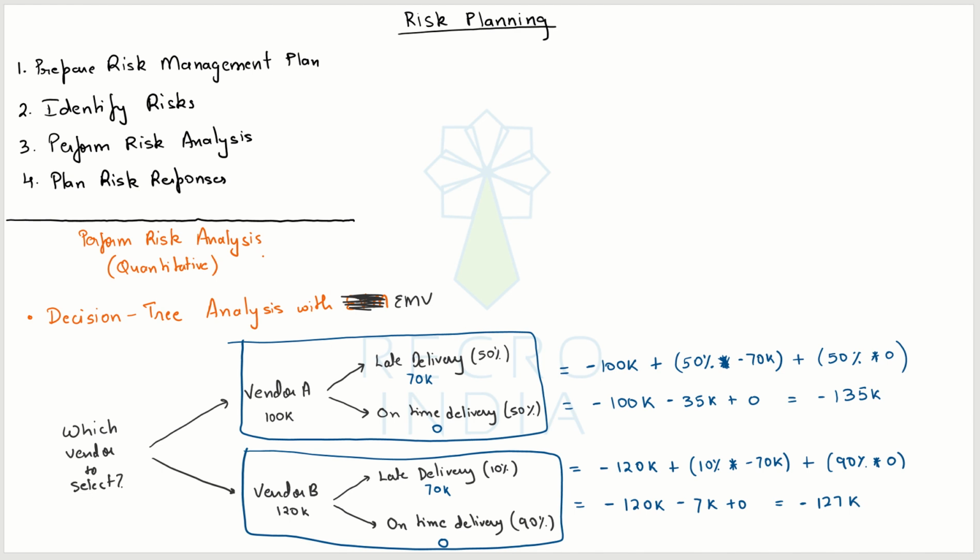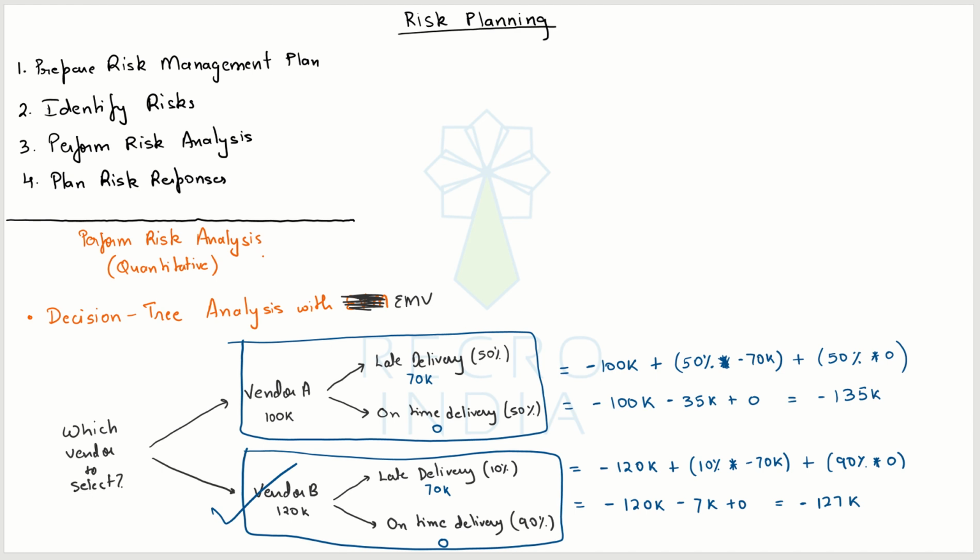Now, what we can summarize from this discussion is that selecting vendor B seems to be the more appropriate decision, because the cost of this decision is less than selecting vendor A. And in this case, because we are talking about money out of our pocket, how much we end up paying, we of course will go with the lower value, which is 127 in this case. We don't want to pay 135.